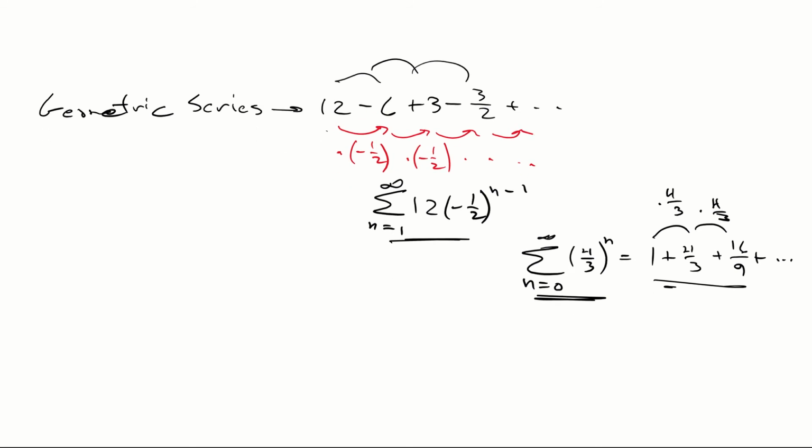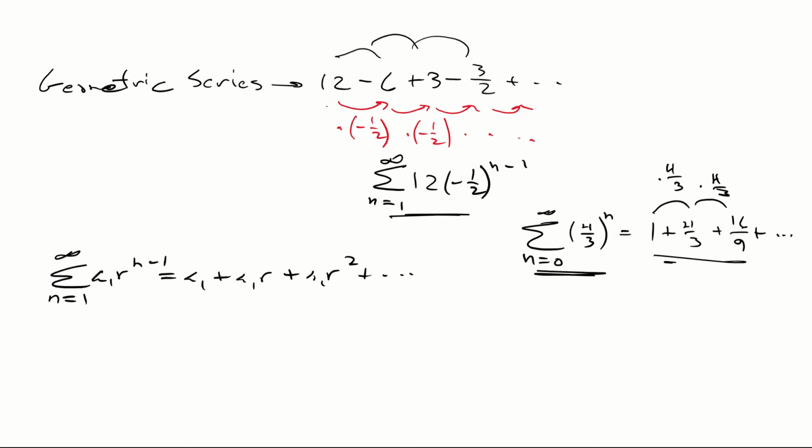Anyway, the development of this, which I'll do very quickly, would be a typical series, and I don't care where it starts: the sum of A1 r to the n minus 1, from n equals 1 to infinity. That's A1, then A1 times r, then A1 times r squared, plus and so on.